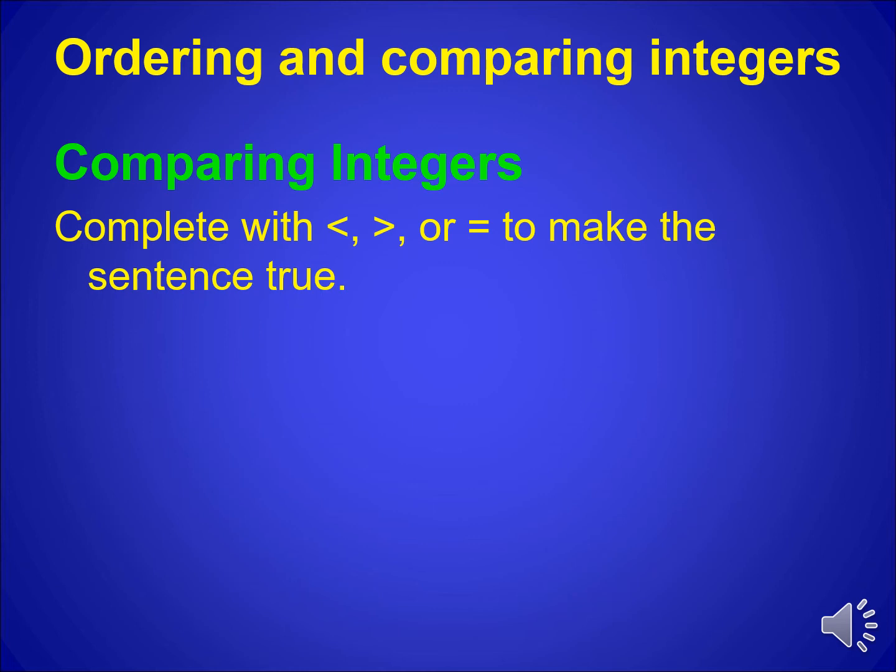Okay, Junior 6? Okay. When I'm walking to the left, the number is decreasing. That means negative infinity is the smallest number. Negative 2 is smaller than negative 1.